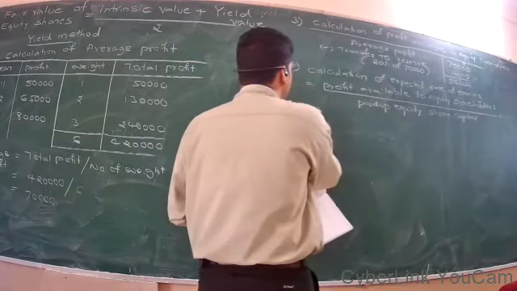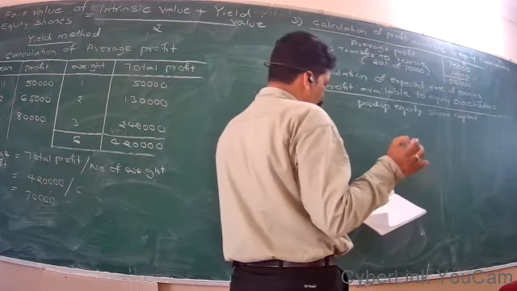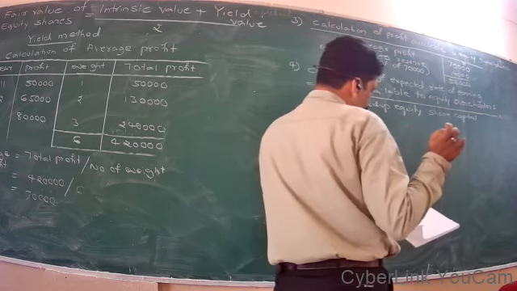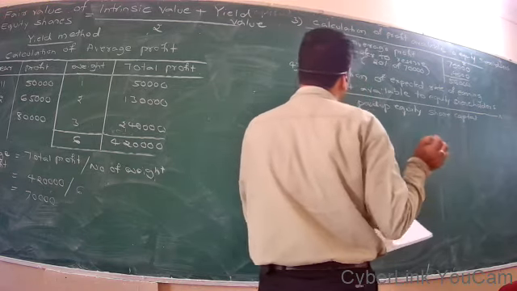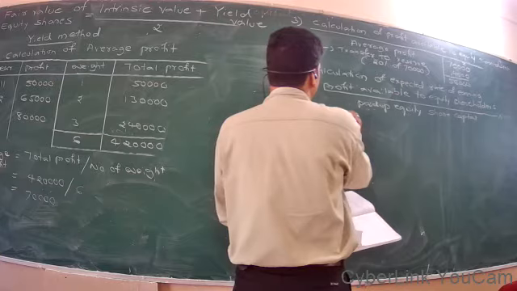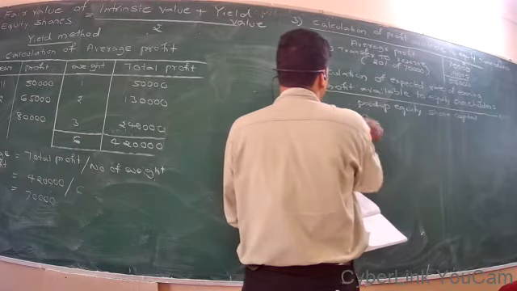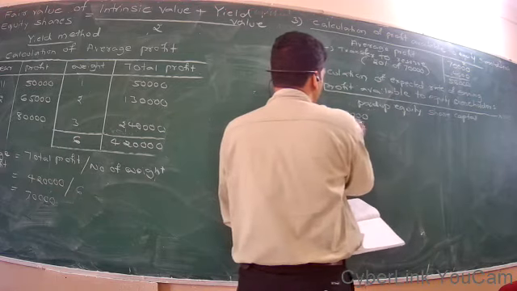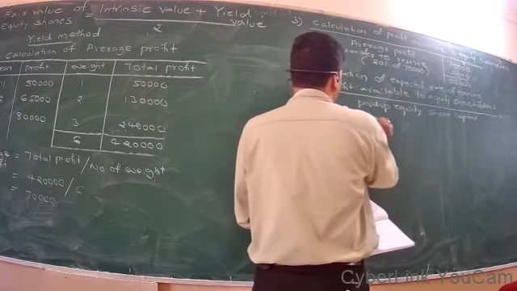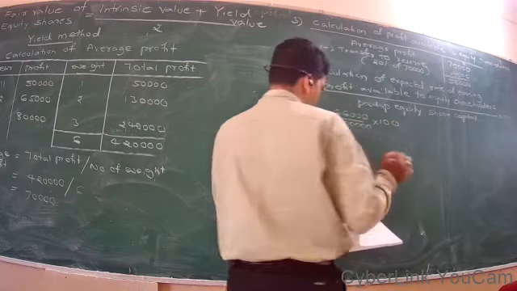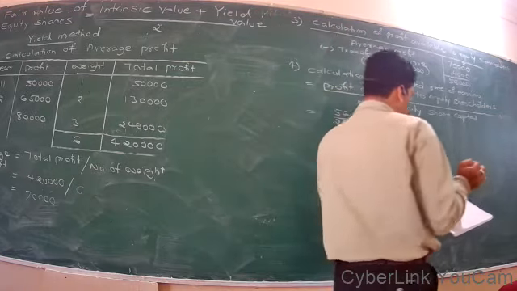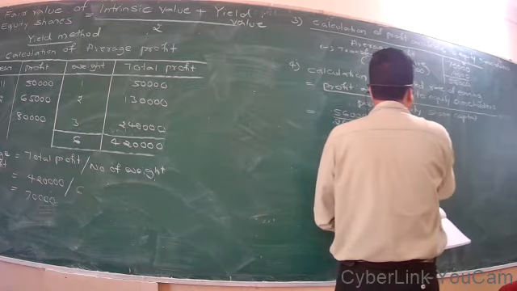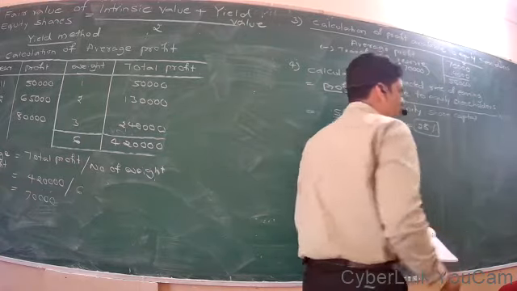The profit available is 56,000, divided by paid up equity share capital 2 lakh, into 100. So the expected rate of earning is 28%.